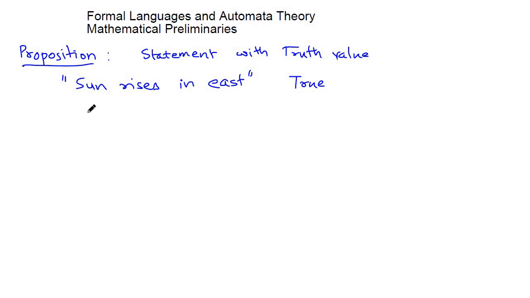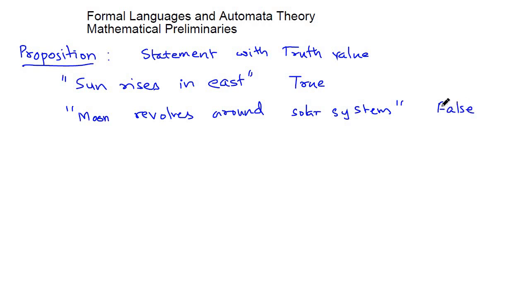For example, moon revolves around solar system. Definitely, this is false. So although this is a proposition, the truth value of this proposition is false.